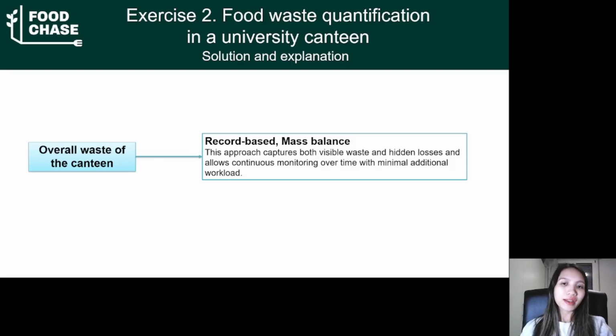This approach can capture both visible waste and hidden loss and allow continuous monitoring over time with minimal additional workload. But it can only estimate the total quantity, not the detailed information.